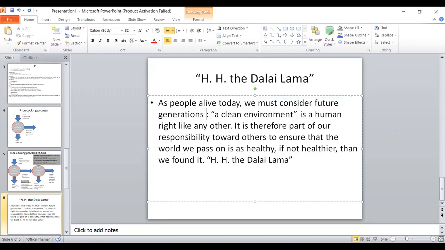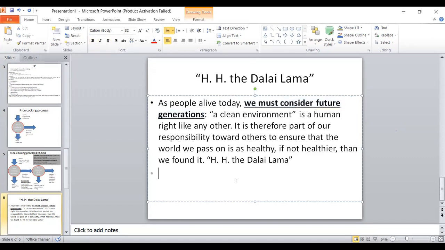Actually, if the previous generation works for us, and we work for the future, likewise this chain continues. So consideration of future generations is something. See the word must.